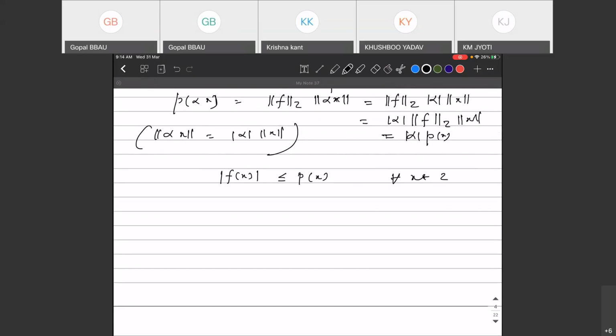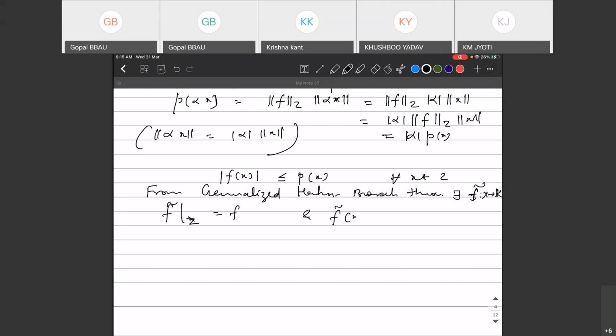Now by the generalized Hahn-Banach theorem, there exists f tilde from X to K such that f tilde restricted to Z gives f, and mod of f tilde(x) is less than or equal to p(x).